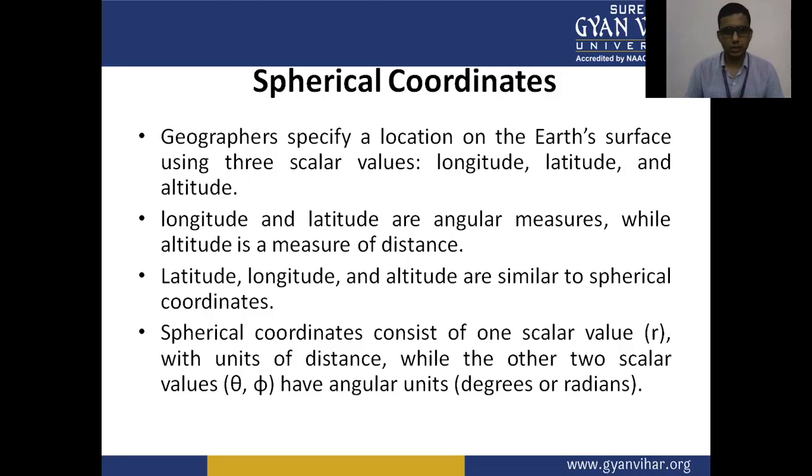Altitude measures the distance linearly. So altitude is defined by the scalar quantity r, the distance measurement, and the two other scalar quantities are defined by theta and phi, the angular units in degrees or radians.